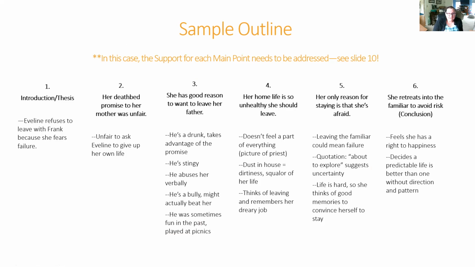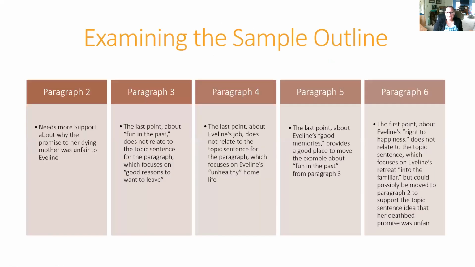Our last main point is that her only reason for staying is that she's afraid. The supporting details we're including are that leaving the unfamiliar could mean failure. We have this quote about to explore and that it suggests uncertainty. And we also have a supporting detail about life is hard, so she thinks of good memories to convince herself to stay. All right. So the last point in that paragraph is about Eveline's good memories.